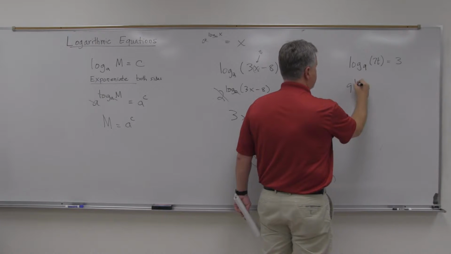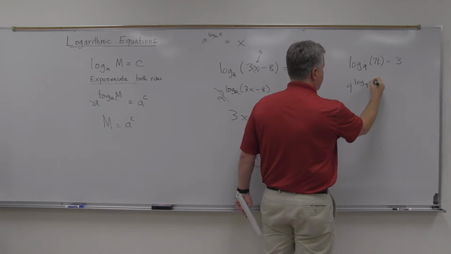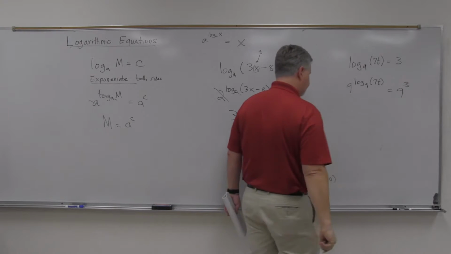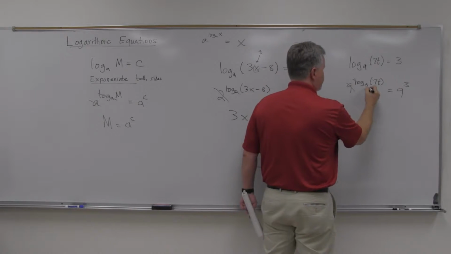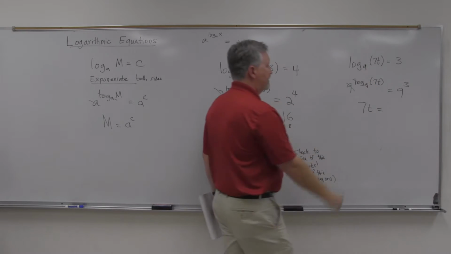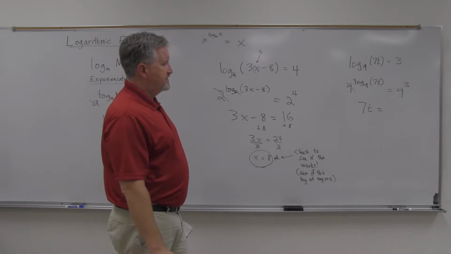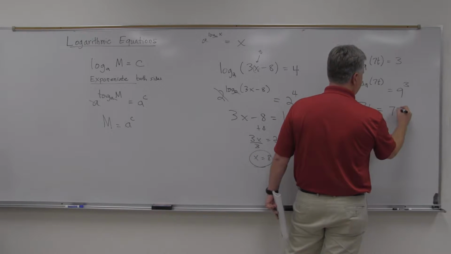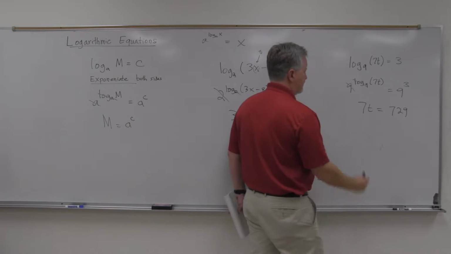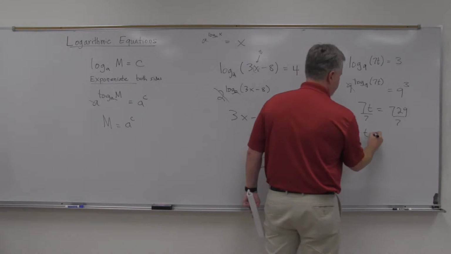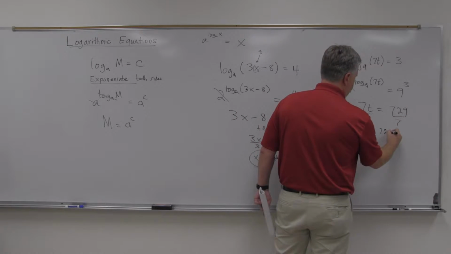In this case, it's base 9, so I'm going to exponentiate both sides to base 9. The 9 to the log base 9 clears out on this side to be just 7t, and then 9 cubed is 729. Divide by 7, and with the resulting equation, t is 104.14.